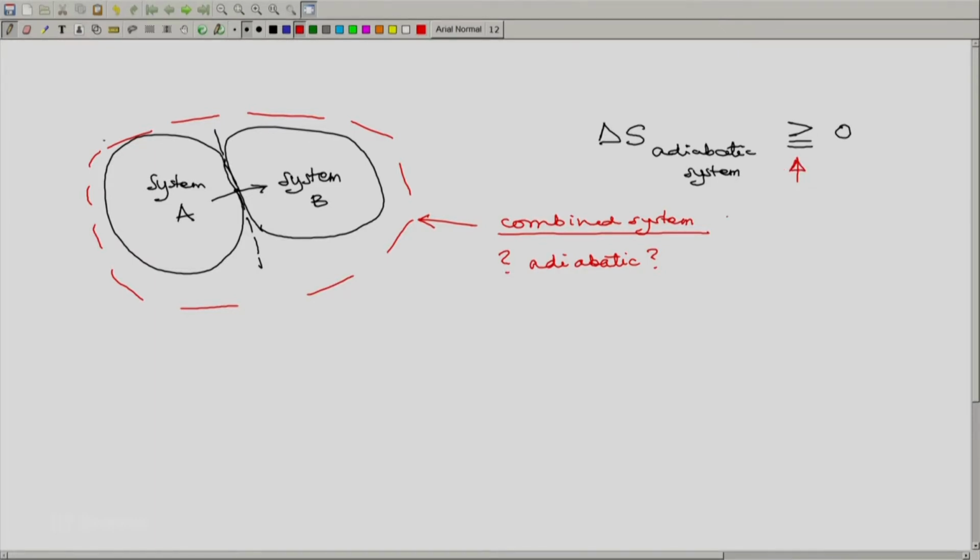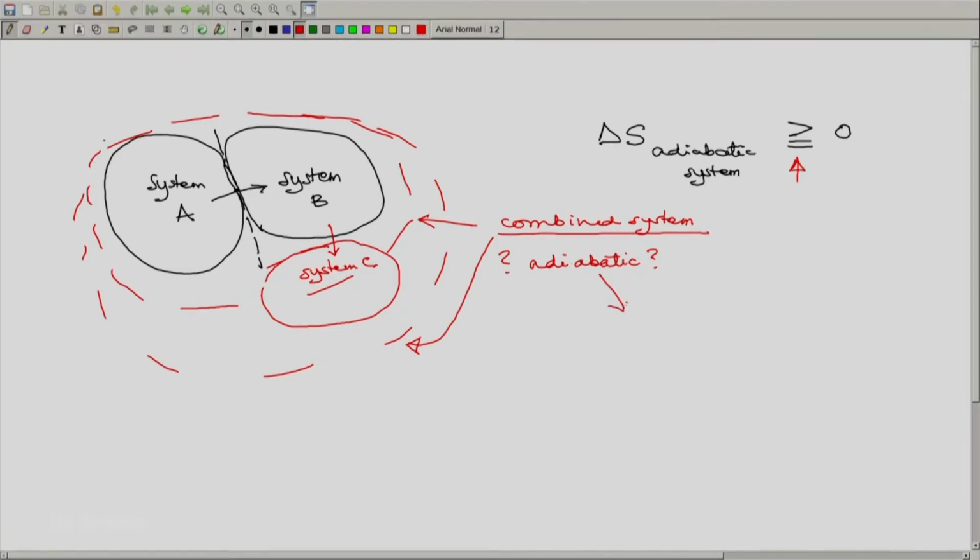If this combined system is not adiabatic, that means there is a third system, let us say system C, with which one of these two systems, perhaps system B, is interacting with a mode which perhaps includes heat transfer, in which case we extend our combined system to include not only A and B but C, and now ask ourselves this question, is this extended combined system adiabatic?